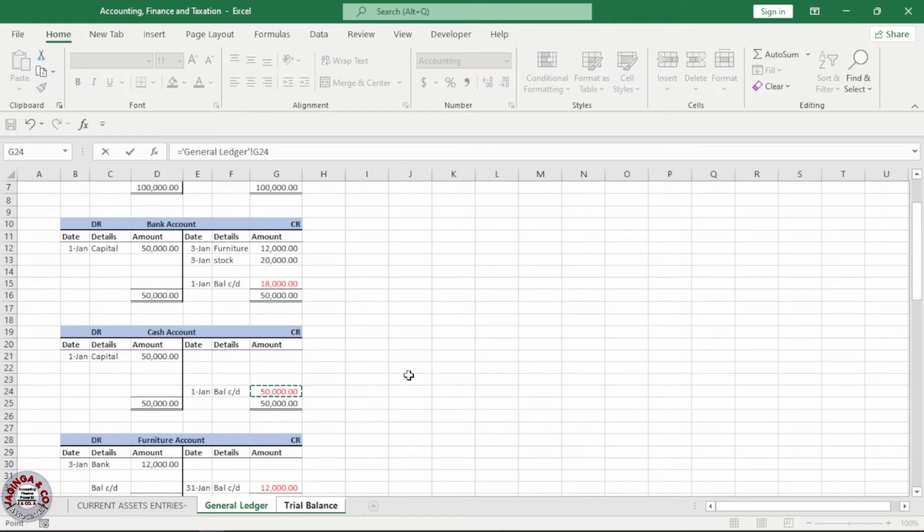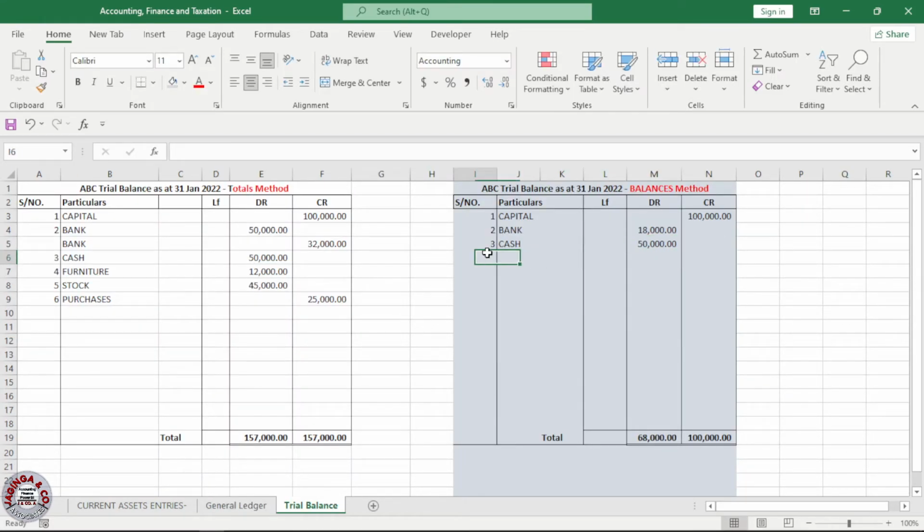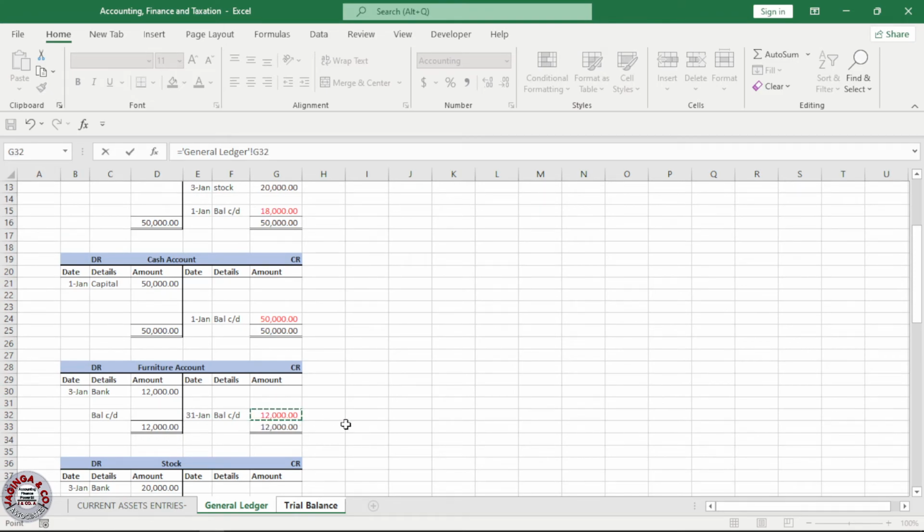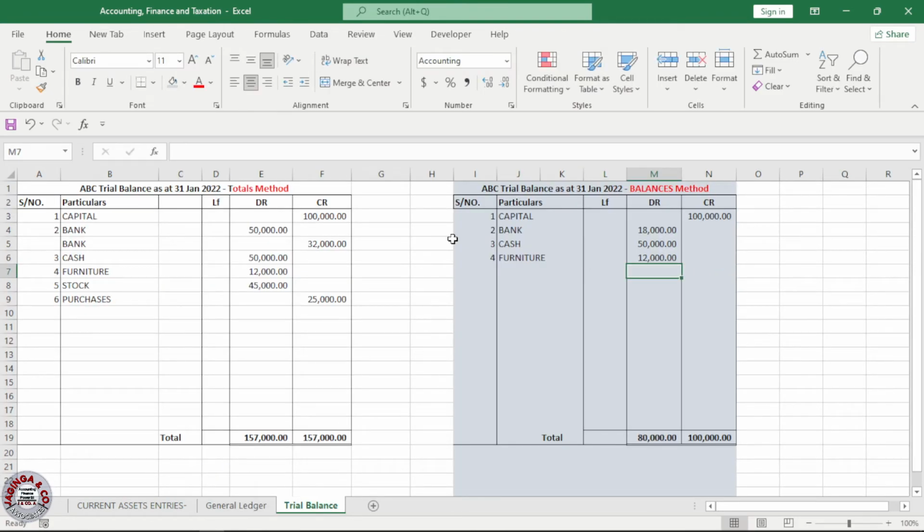We did not do any other transaction other than the amount that was transferred for cash use. Then the fourth one, we have furniture. Furniture also, we did not do any other transaction other than buying the furniture, so we just have a debit balance of 12,000.